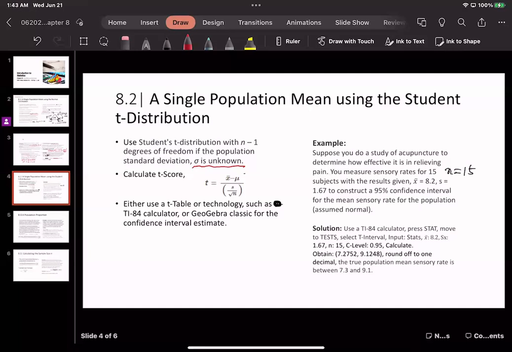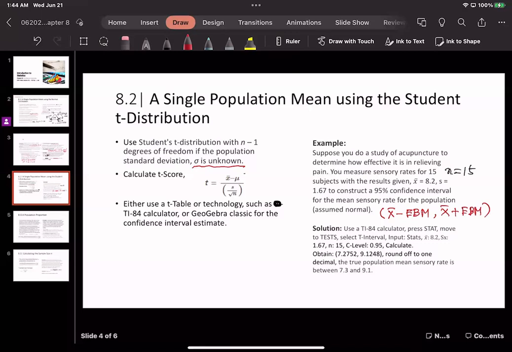So how do we do it? We are supposed to get x bar minus EBM to x bar plus EBM with the t-score, right?